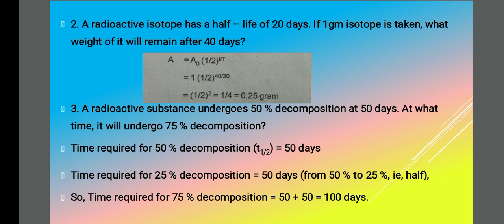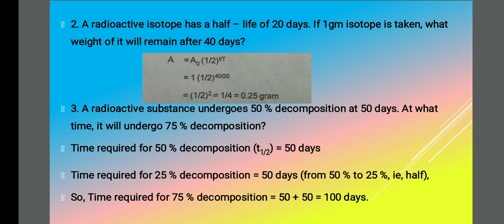The formula you can use here is A is equal to A0 into 1 by 2 the whole power t divided by capital T. A0 is the initial amount present, which is 1 gram.